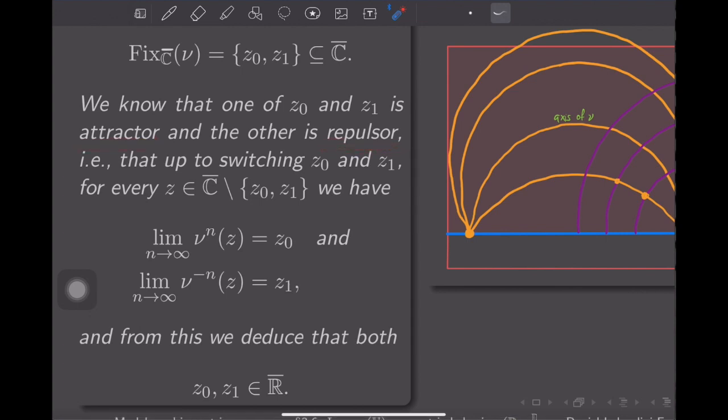And for this, think again in terms of the standard examples. To think about the standard examples, one somehow forgets a little bit about the upper half plane and thinks only about the standard examples, and there one sees that either 0 is attractor and infinity repulsor, or 0 is repulsor and infinity attractor, and this depends on the norm, or absolute value, of the multiplier.